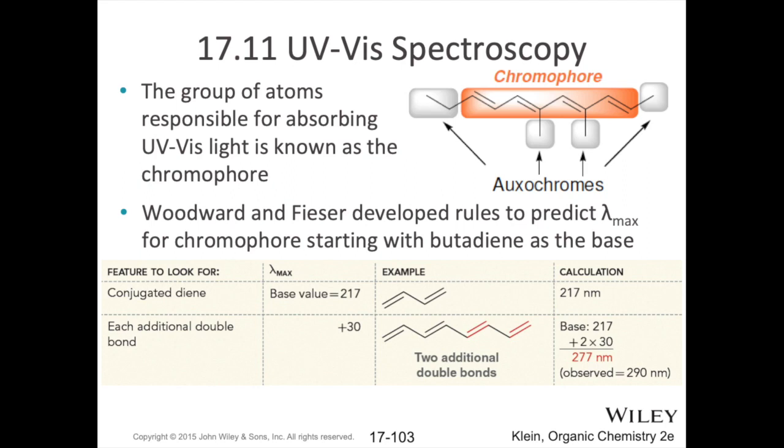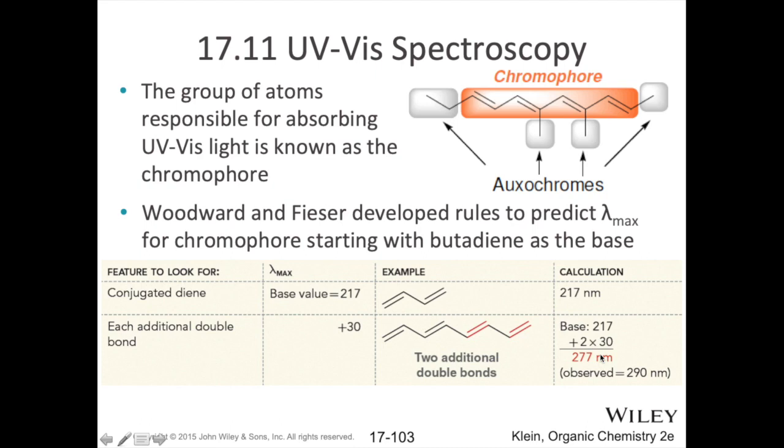So you can see here, if we have two extra double bonds, we have to add 60. And so we'd predict that instead of 217, we'd expect a lambda maximum around 277. Now in real life, for this particular example, it winds up being near 290 instead. But again, this is a good way to make an estimate.